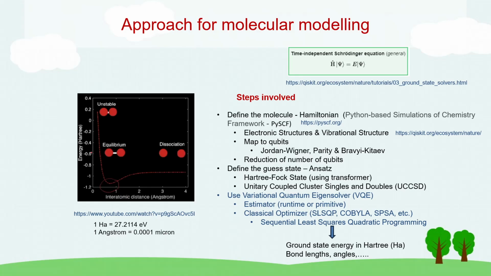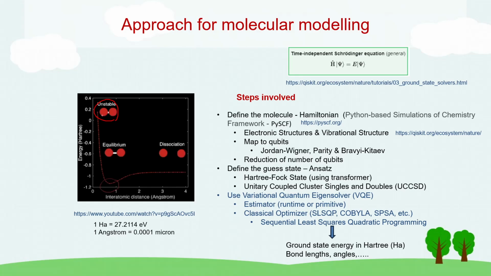So this is a graph giving the relationship between the energy of a molecule with respect to the atomic distance between the atoms. In this example, we are considering two atoms. When they are very, very close, it will possess a high energy, and as it gets separated, at one point of time it will have the least energy, and that's the stable condition or stable state, and atoms will be in equilibrium.